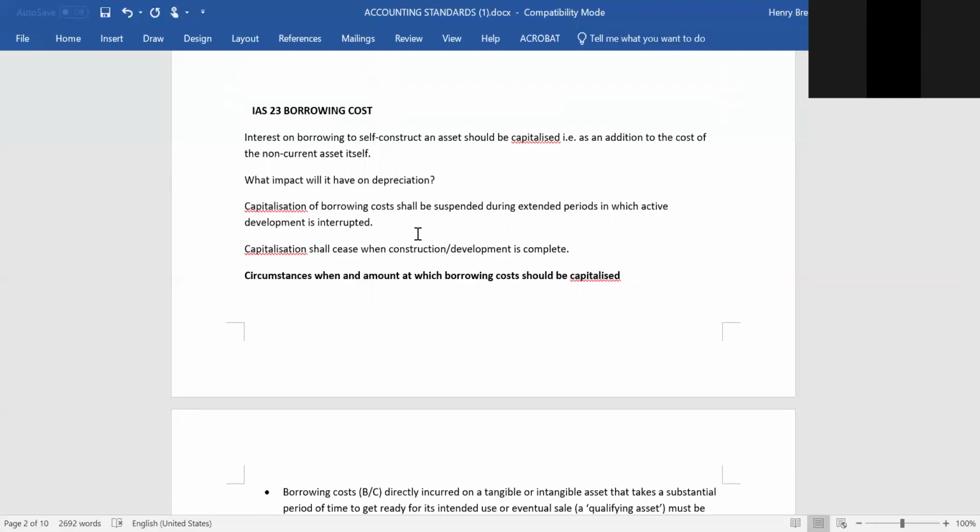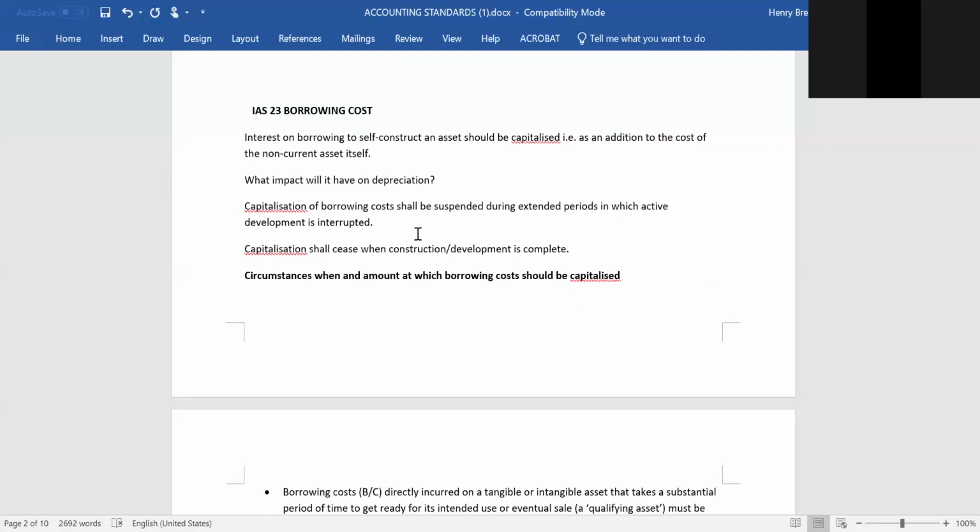So borrowing cost per the IAS 23 standard only comes in when an organization goes for a loan to self-construct an asset. If we go for a loan and use the loan to self-construct an asset, then borrowing cost in terms of the IAS 23 standard comes in for accountants and auditors to consider, right?